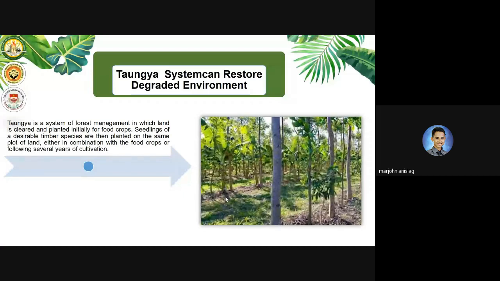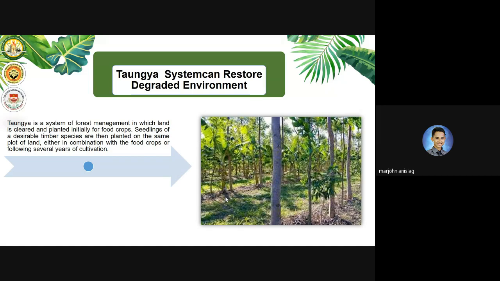Regardless of gender, every person has the right to establish a taungya system to restore the degraded environment in our country to sustain our family's needs and safety.